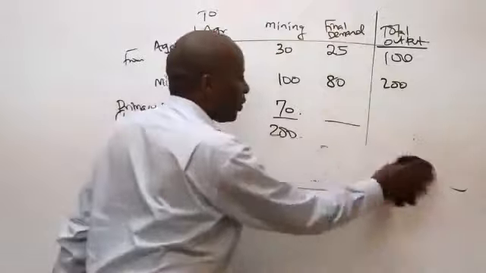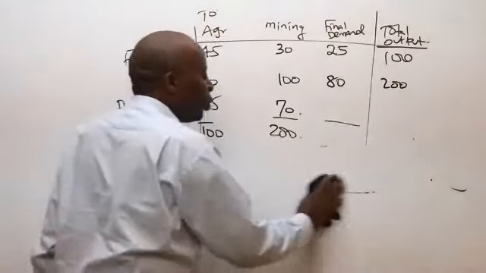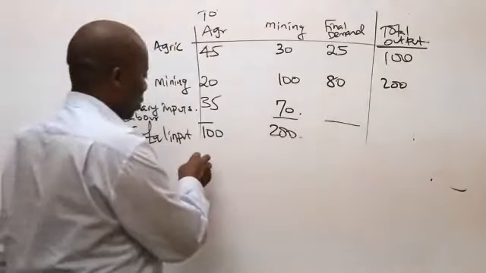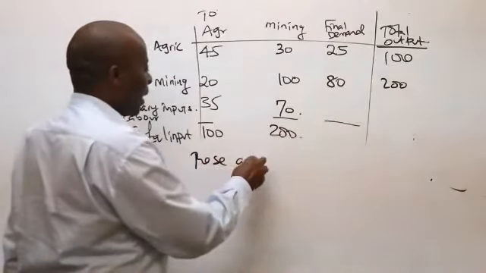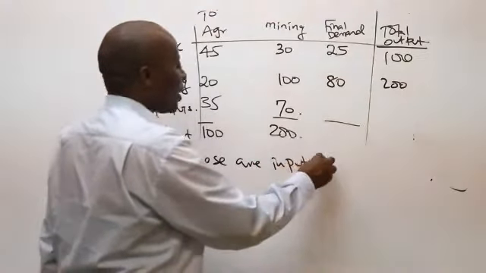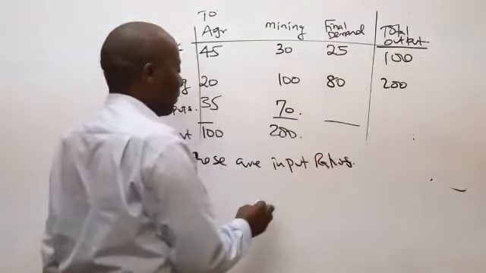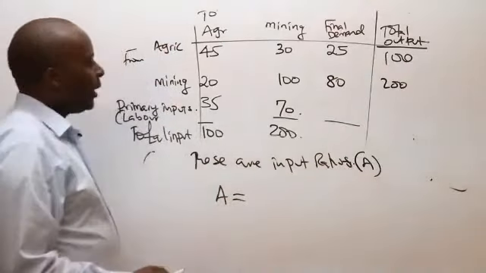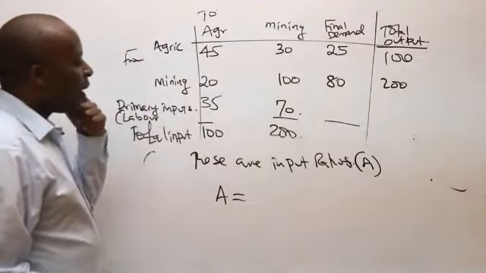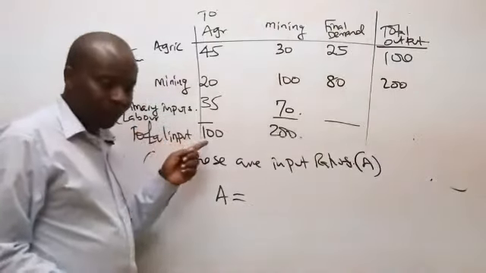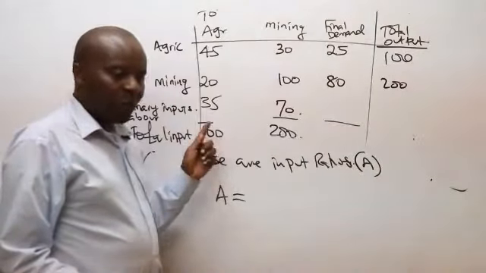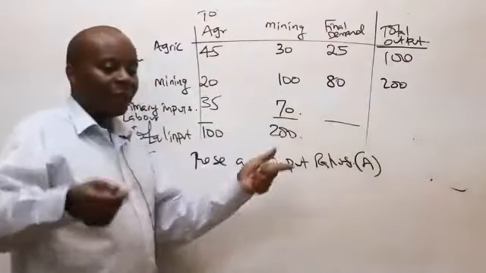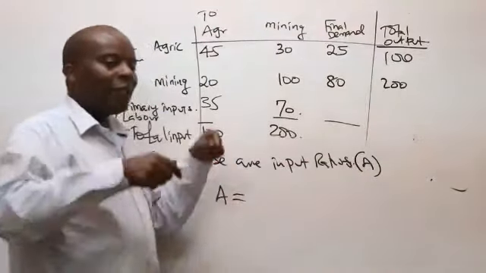So technical coefficients are basically the input ratios. We normally call them A. And for us to get A, because you have got two sectors, I only need to go to my columns. Remember, we must first start by planting and then we harvest.